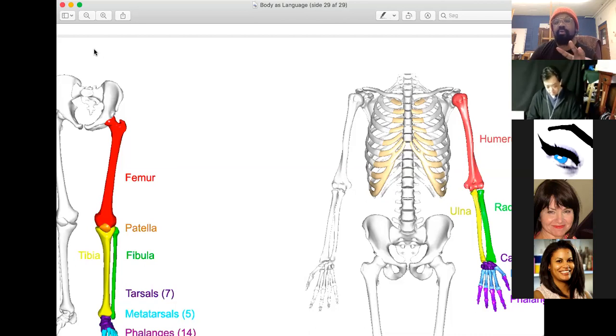So that's one way I like to think about taking the language of the bones, translating them into the forms and functions of the muscles, and then how we could compare and contrast them throughout the entire body.